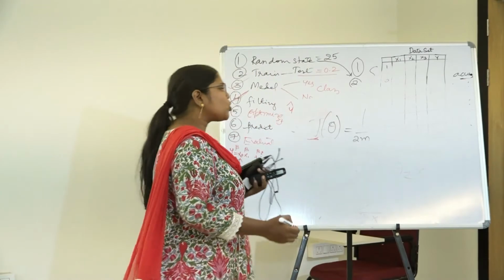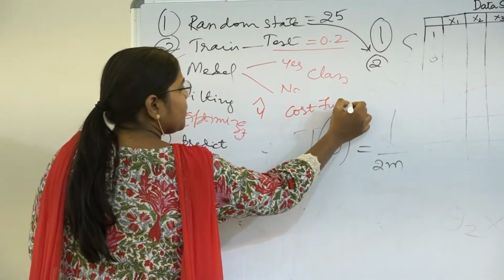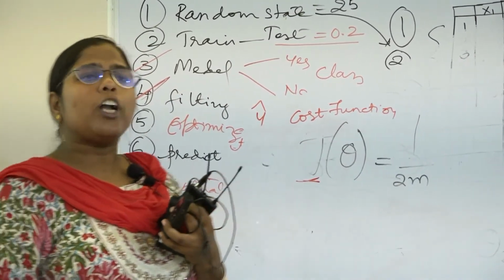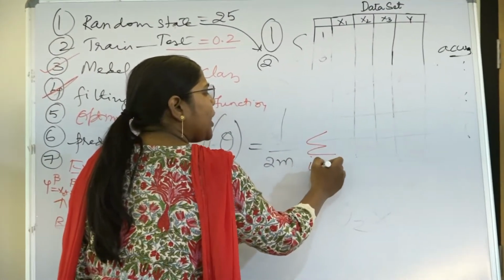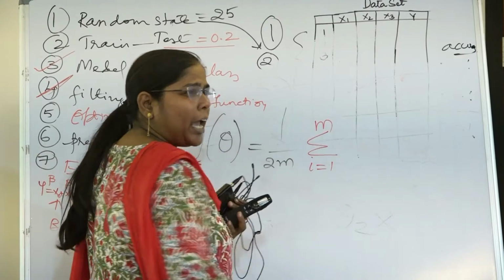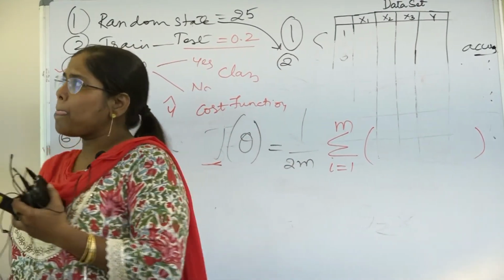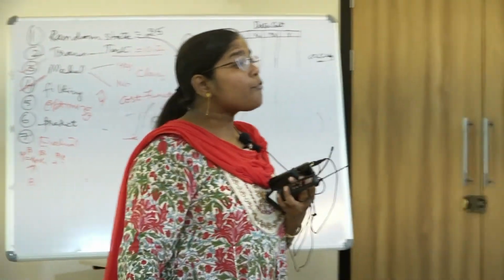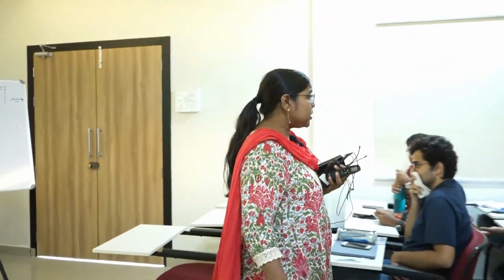So what is cost function? Cost function J theta is equal to 1 by m summation of i is equal to 1 to m. In brackets, what do we need to write? h theta of x. It is the hypothesis.